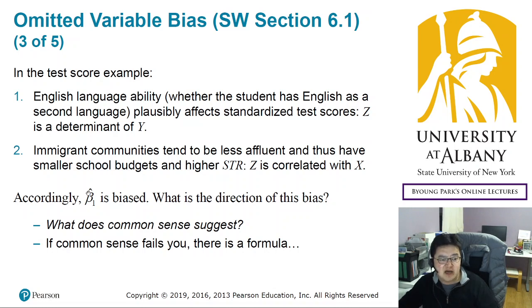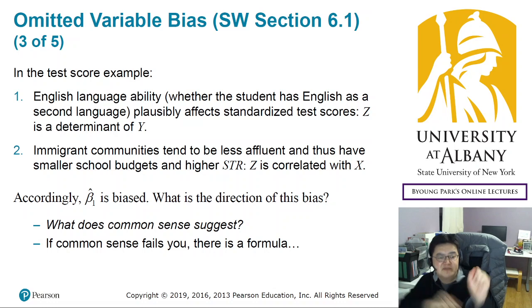But at the same time now let's think about the indirect effect. The higher student teacher ratio, then that implies it is more likely to be less affluent school district, and that means there are more foreign-born students, and that implies lower test scores.